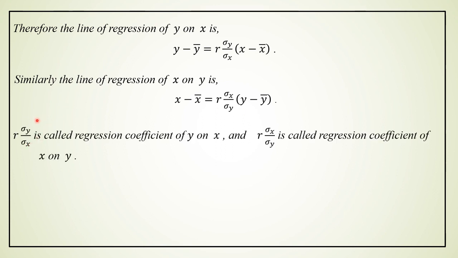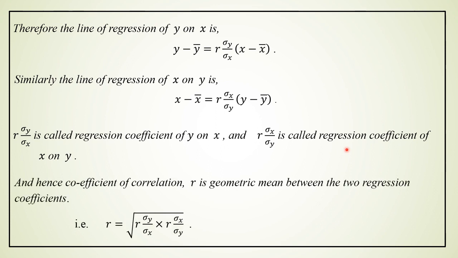Then r into sigma y by sigma x is called the regression coefficient of y on x, and r into sigma x by sigma y is called the regression coefficient of x on y. We can relate the coefficient of correlation and the regression coefficients by the following relationship: the coefficient of correlation r is the geometric mean of the two regression coefficients.